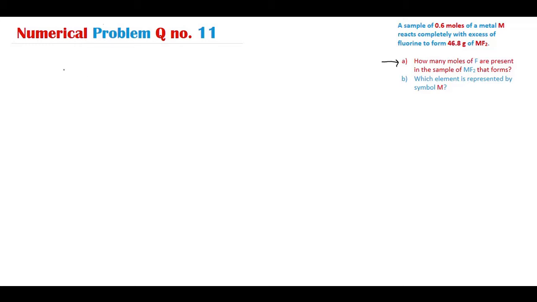the sample MF2. So I'm going to write it down over here: number of moles of fluorine in MF2. Before moving on, we need to know something we are going to use in this numerical, so let's see what this is.